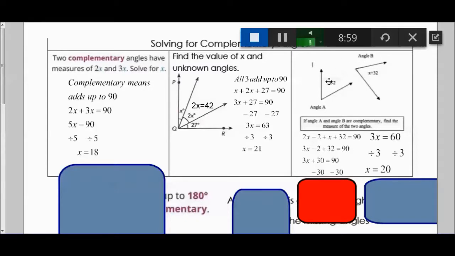And we could plug into this equation and figure out what angle A is, or we could just subtract angle B from 90, and that would tell us the remaining part, the complementary angle. Either way, we should get 38. We would plug in here, 2 times 20 would be 40, minus 2 would be 38. So that's 38, and that's 52.